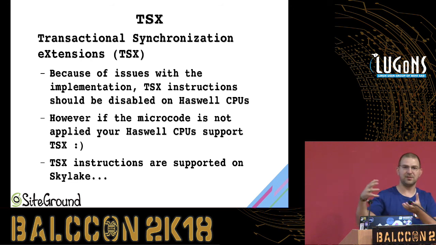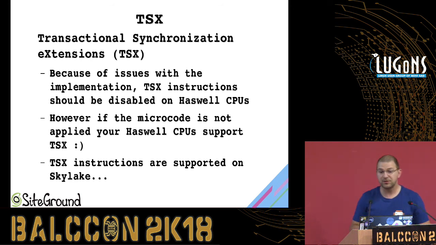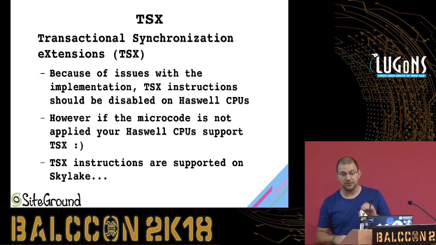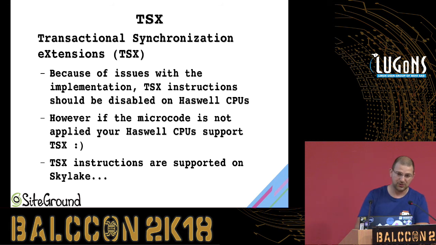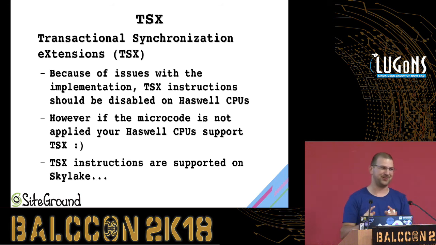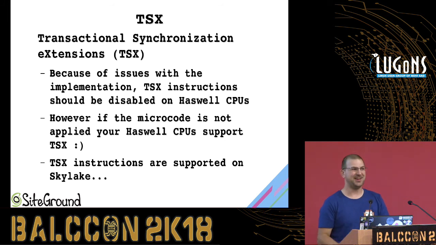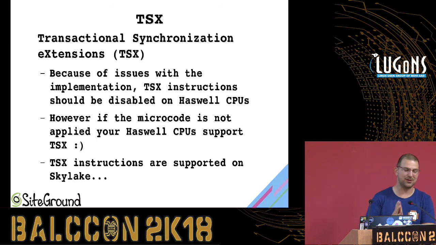So this is executing a transaction of instructions inside the CPU, which is very nice. But in Haswell, you should have these disabled because there is a hardware problem. There is an erratum for this, and you should have already patched your CPUs with the microcode that disables the TSX instructions. However, these are available in Skylake.